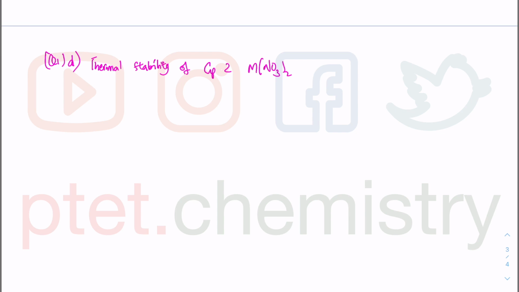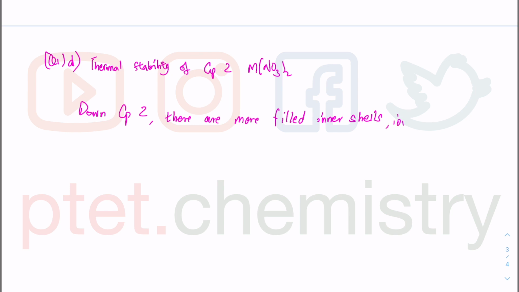Alright, so in terms of this question, they're asking you why. They are not asking you to state the trend, they already give you the trend. So in terms of it, we can say down group 2, there are more filled inner shells. So more and more of the inner shells get occupied, or more filled electron shells.